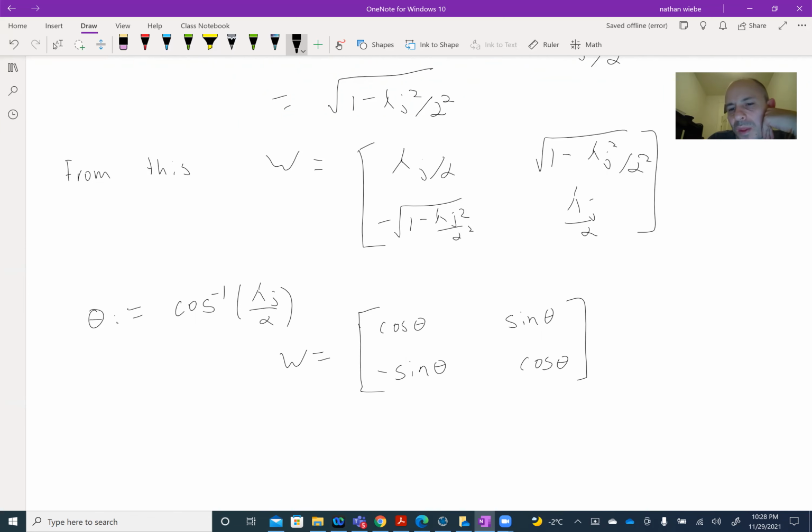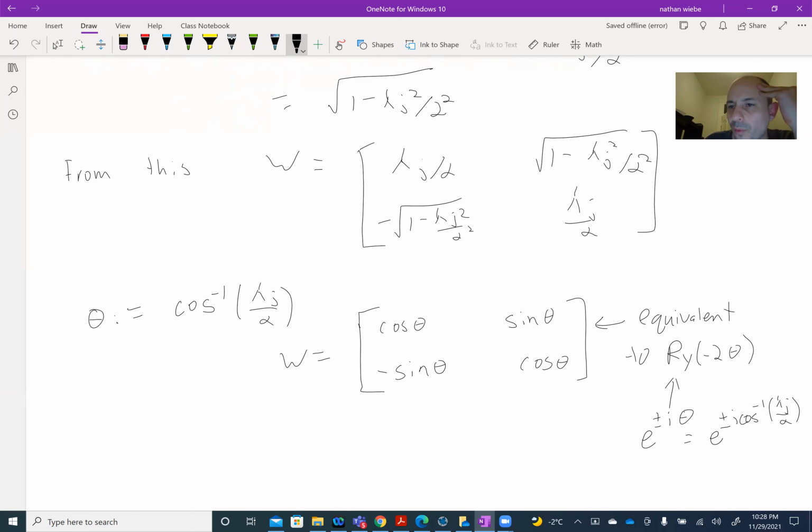All right, so you can see this is actually equivalent to Ry of minus 2 theta. The eigenvalues of the Ry operation are actually just e to the plus minus i theta, which in our case is equal to e to the plus minus i arc cosine of lambda j over alpha.